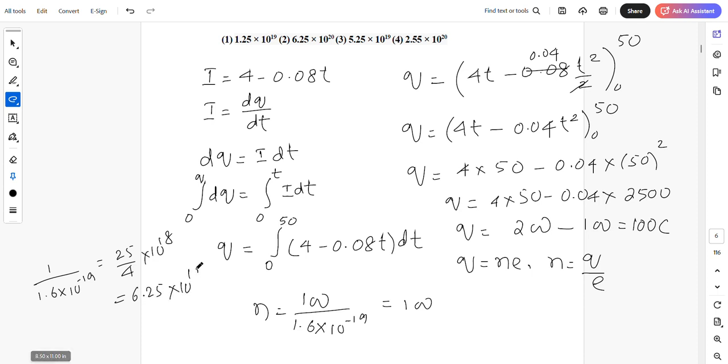See the answers: 6.25 into 10 to the power of 20 is the right answer. Okay, next.